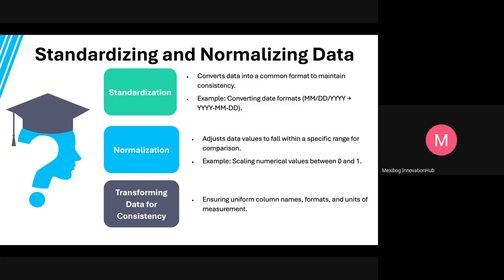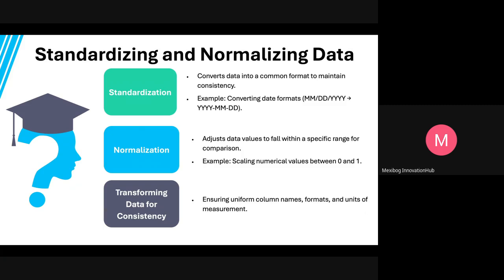Standardization, that's converting data into a common format to maintain consistency. I remember the last training, doctor was showing you something about selecting a particular date format. So you could have a standard, convert your dates to month, day, and year, or you start with year, month, or day.